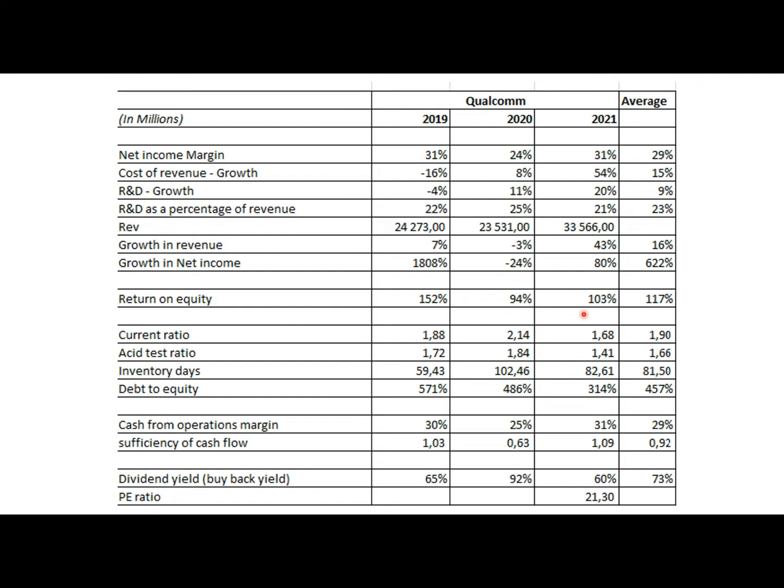Now, growth in revenues is driven in part due to the boom in semi demand as well as consumer electronics. The fact that Qualcomm has been opportunistic and has pounced on that demand and turned that demand into an increase in revenue just highlights the strong performance of this company.